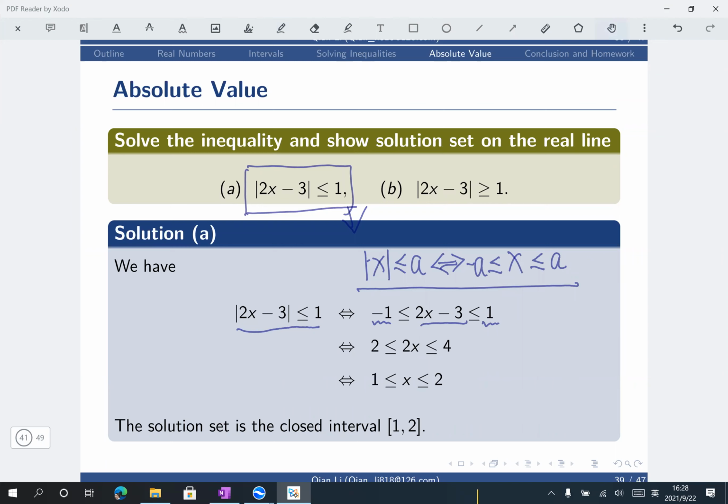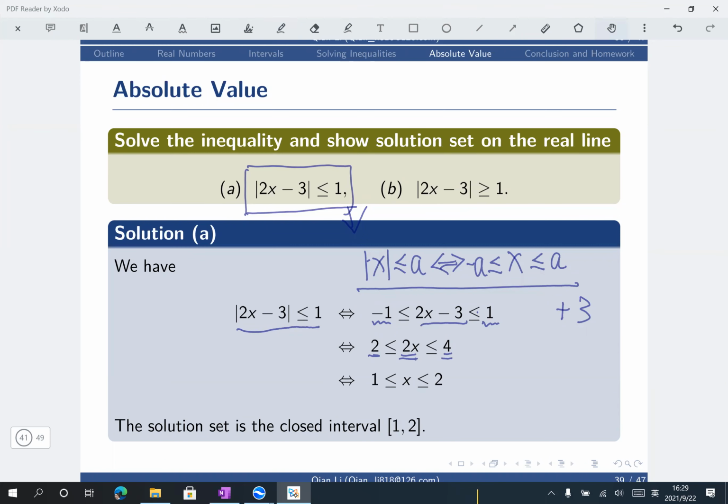Then we add 3 on both sides of the two inequalities, and we get 3 minus 1 is 2, so it will be 2x, and on the right it will be 4, right?